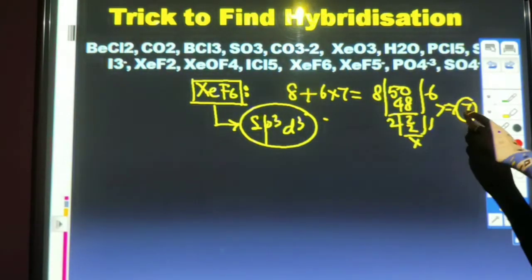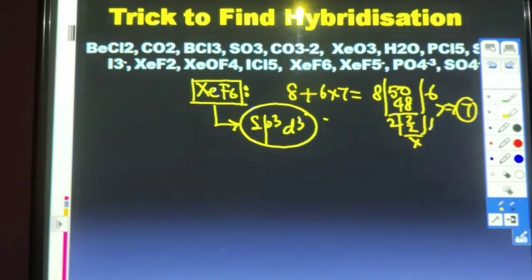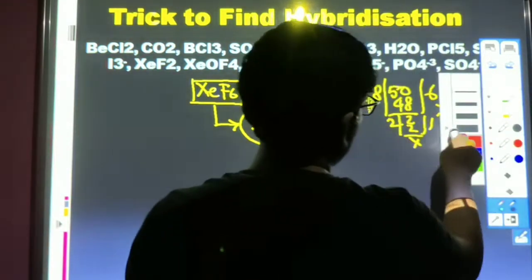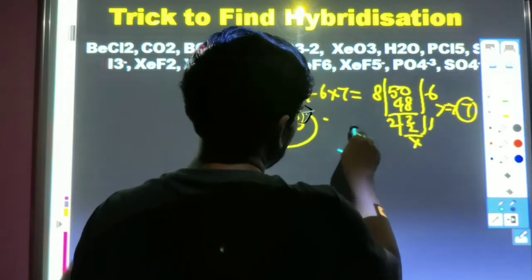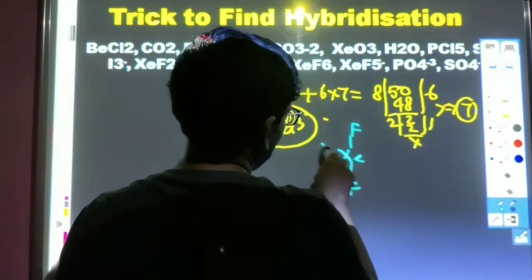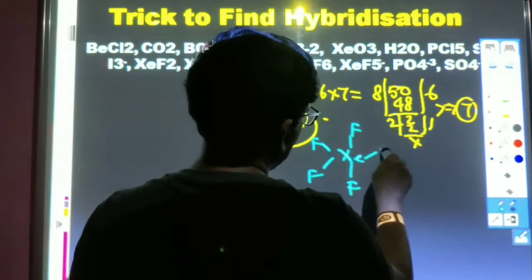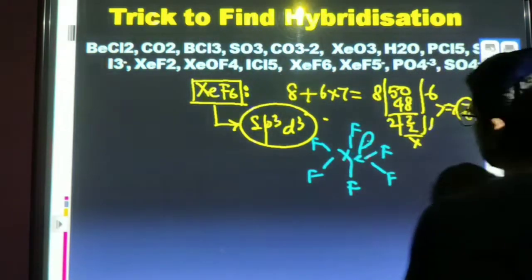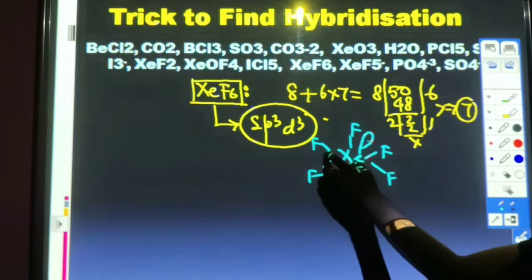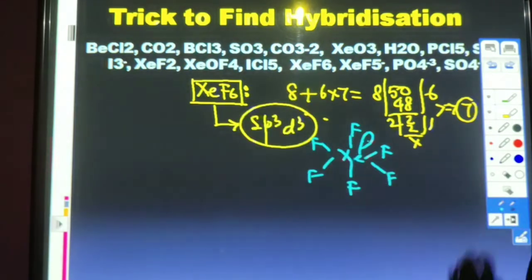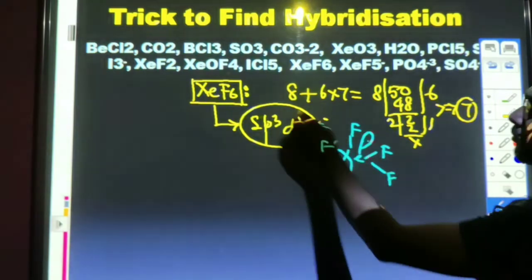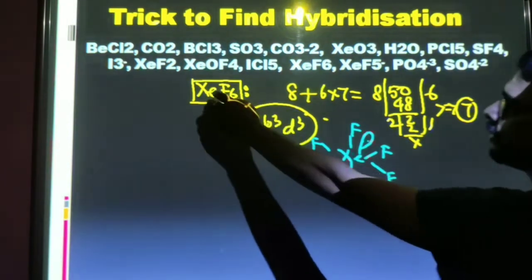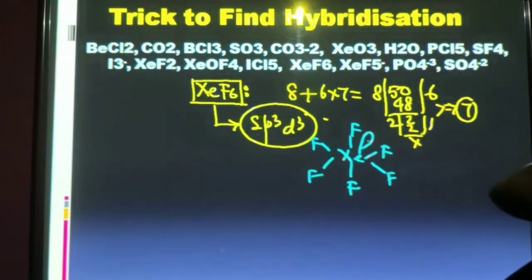The steric number is 7, so the hybridization will be sp3d3. How will we do that? Xe with F, F, F, F, F, F and one more pair of electrons. So 1, 2, 3, 4, 5, 6, 7. So the hybridization of xenon will be sp3d3.